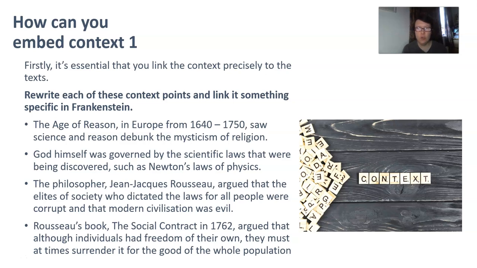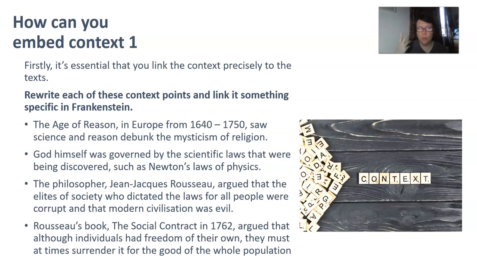So here I've got 4 pieces of contextual information. So it's facts that might be relevant for Frankenstein. But of course, I've not mentioned Frankenstein at all. So what I want you to practice doing is to rewrite each of the context points that I've given you, and to work out how you could link them either to Mary Shelley's purpose, so her idea in writing the novel, or to a specific pivotal event or character.